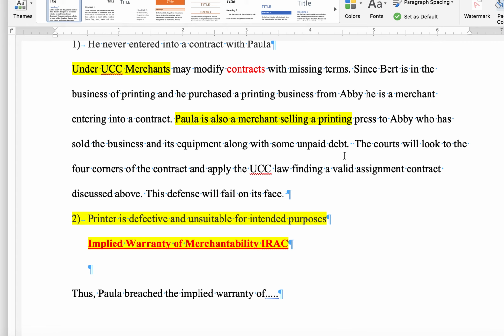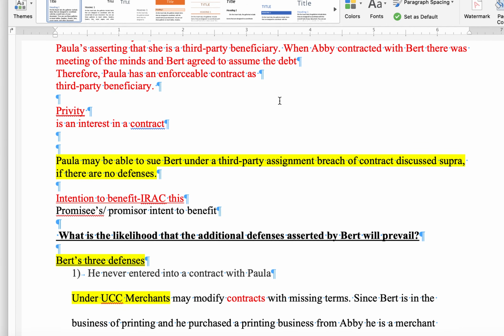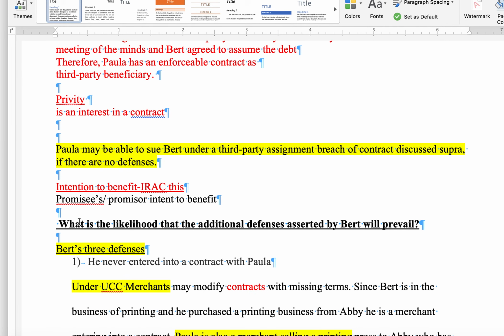So this person put the 3 defenses. He never entered into a contract with Paula. They didn't put that in theirs, and they passed. It said, what's the likelihood that the additional defenses, this is the additional defenses.